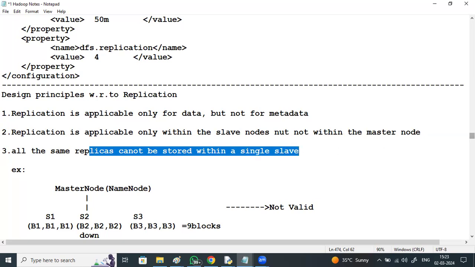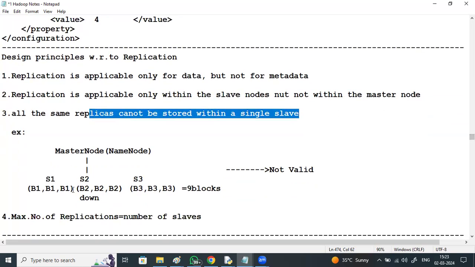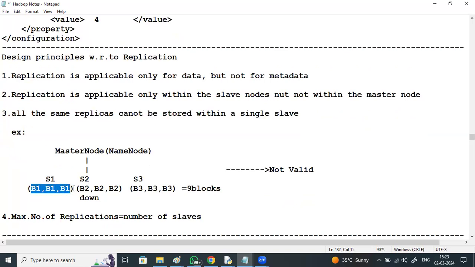All the same replicas cannot be within the same slave. Means if S1 is storing all B1s, S2 all B2s, and S3 all B3s, and S2 is down, all the B2 blocks are lost, right?